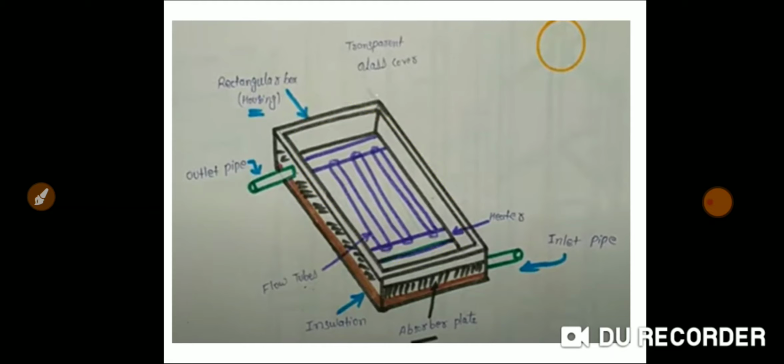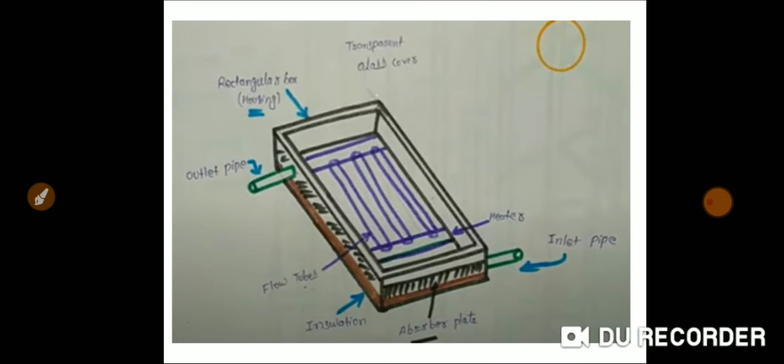Okay, then when we insert water from the inlet pipe, this cold water is stored in this heater. After that, the solar radiation comes on this collector. All the tubes, these are copper tubes which are painted black. So the solar radiation comes on these tubes, this heater. So the water that is present in this heater, the temperature of the water will rise, and after that this water will flow through these copper tubes.